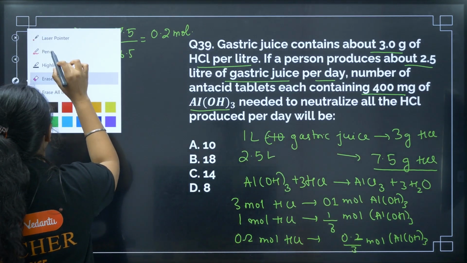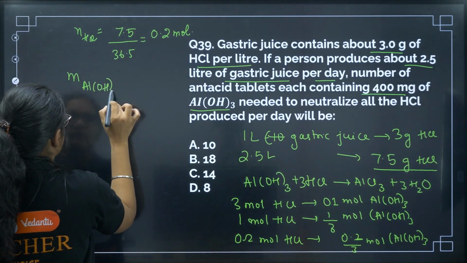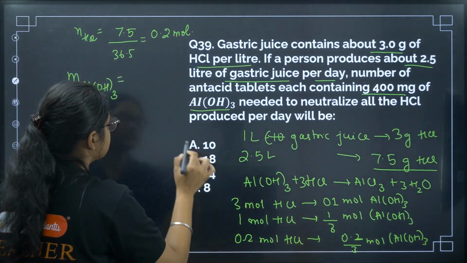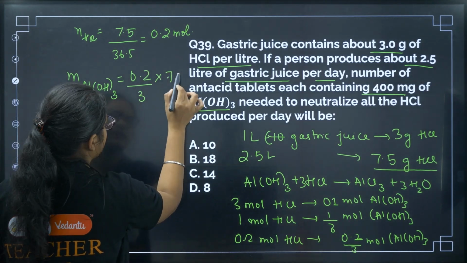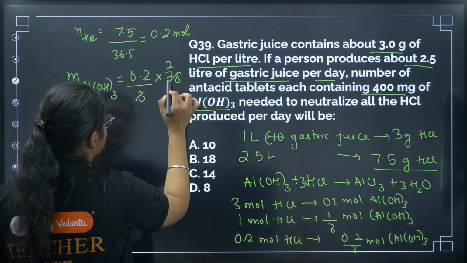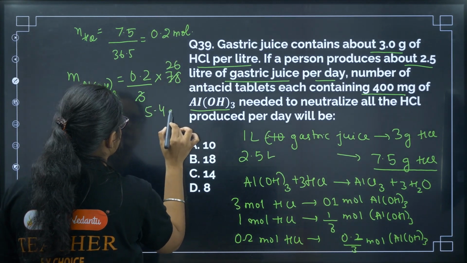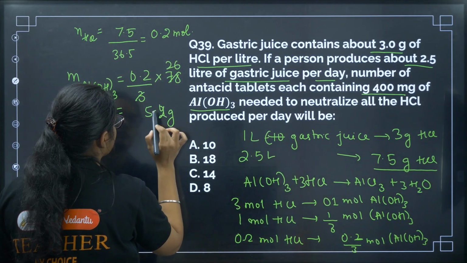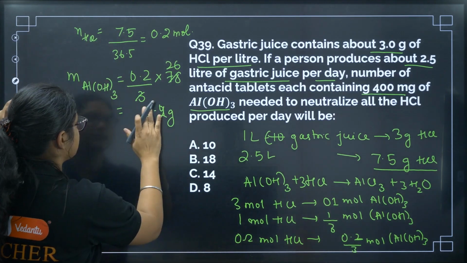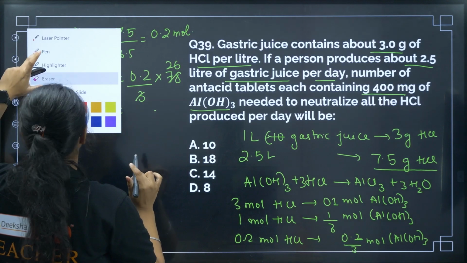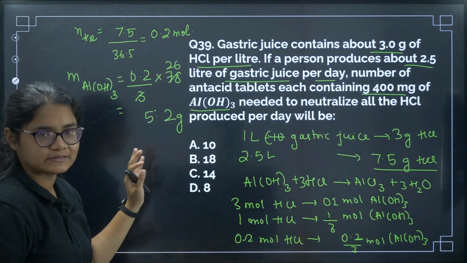So, mass of aluminum hydroxide will be 0.2 by 3 into 78. So, that is 5.2 grams, right. So, 5.2 grams of aluminum hydroxide is required.